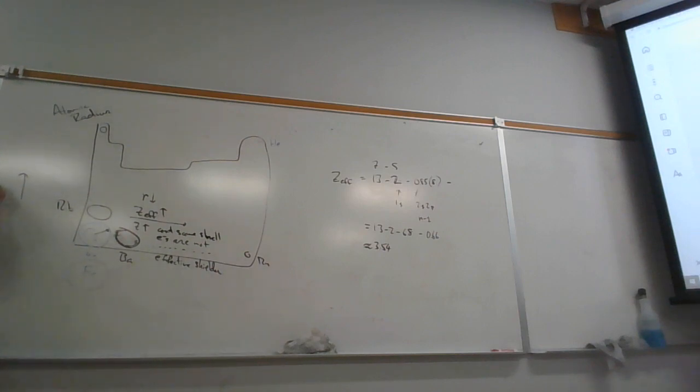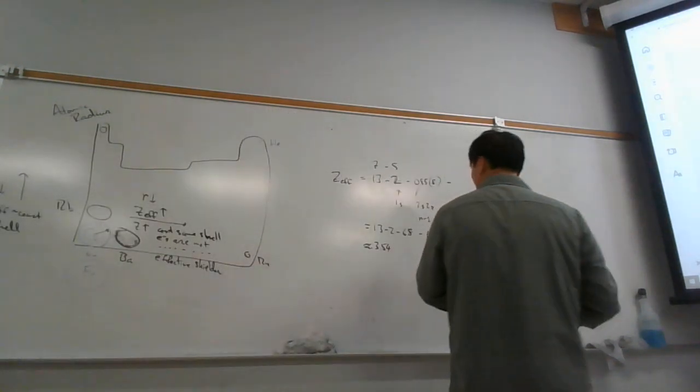As we go up, the radius decreases, but the reason's different. Z effective is relatively constant, a slight change, but we lose a shell.